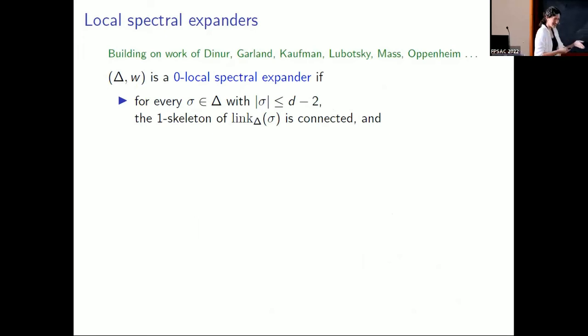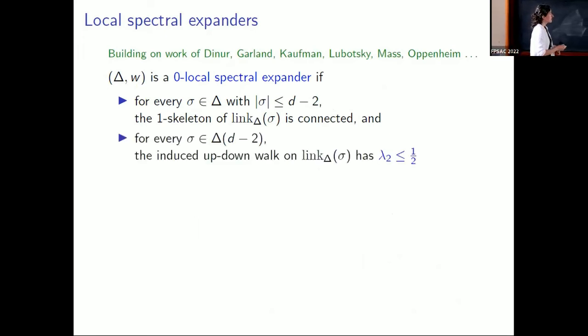So formally, if we start with a simplicial complex with some weighting that I don't want to get into, we'll call it a 0 local spectral expander. We're in the weeds now.